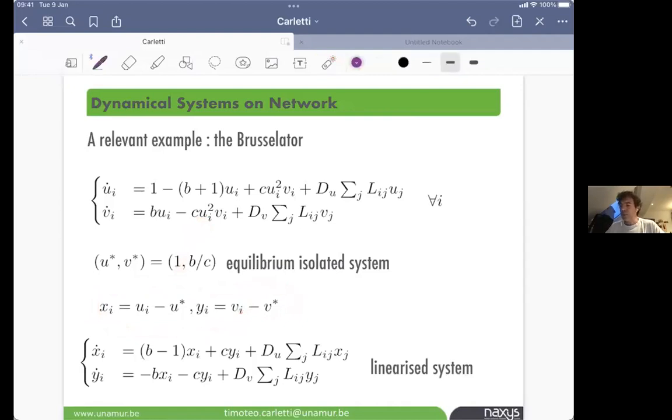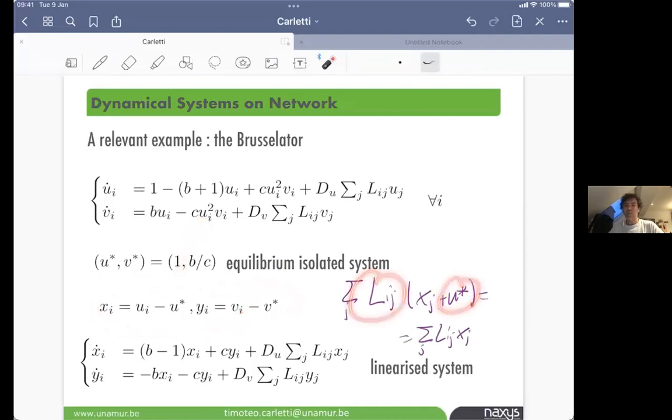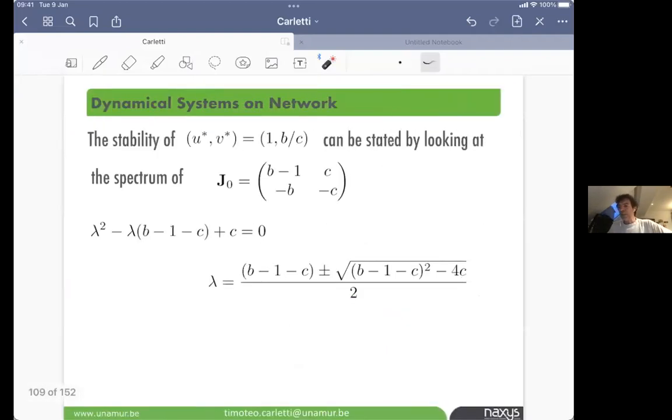Just remember once again that the part that involves the sum over j of L_ij times (x_j plus u star) gives only the sum over j of L_ij x_j, because the sum of L_ij on the constant is 0, as we showed before. That's why here you only have Laplacian times x and Laplacian times y. The rest is just the usual linearization of the system. What I showed you some days ago is the Jacobian. Indeed, you can write the Jacobian matrix, B minus 1, C.